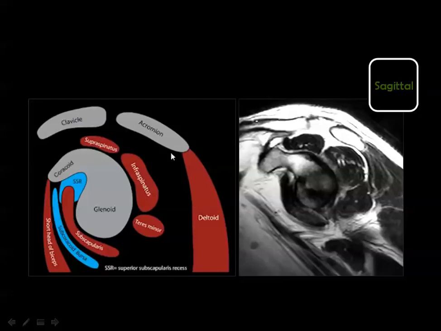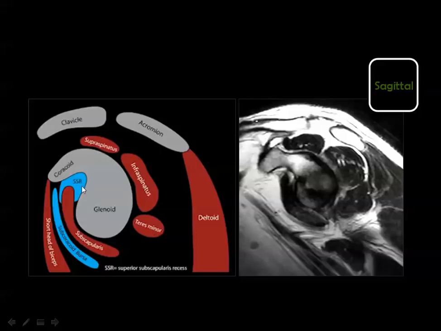Then look carefully at this drawing, and here you can see the glenoid part of the scapula, and this is the coracoid process. Then you see here a recess which is known as the superior subscapularis recess. This recess is continuous with the shoulder joint, meaning that if the joint is containing fluid, this recess will also accumulate fluid.